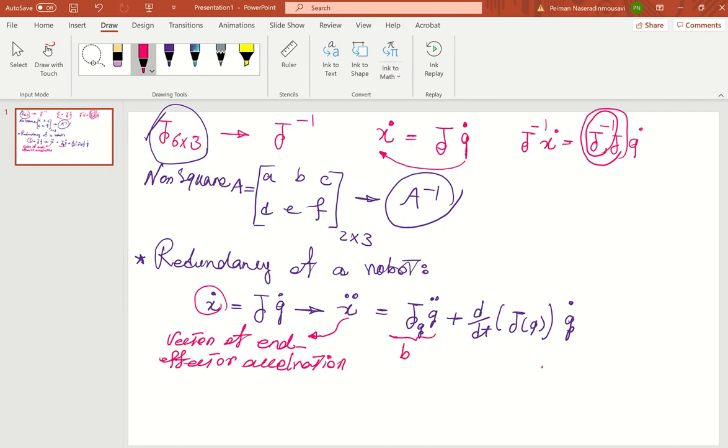If this is the vector of end effector acceleration, then q double dot is the instantaneous joints acceleration. Now I'm naming this as B.